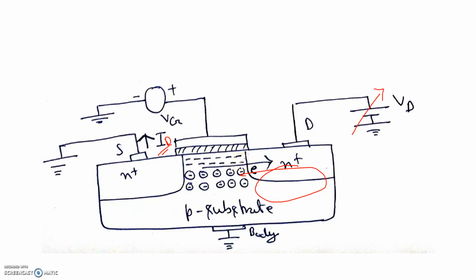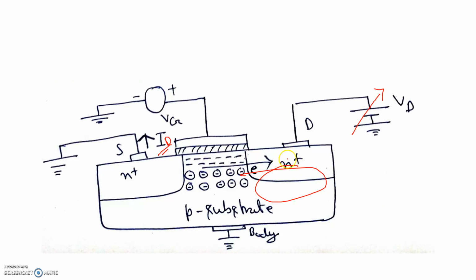Now when the electrons enter the n-type drain, then what will happen? Their energy is so high that they will break the bonding in the crystal. Okay, as a result electron and hole pairs will be generated. Now you think, if in the drain electron and hole pairs are generated, what will happen? In the drain we are applying positive potential, so obviously the holes which are generated just now due to avalanche breakdown will get repulsion.